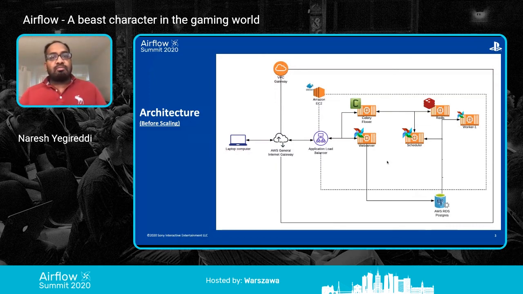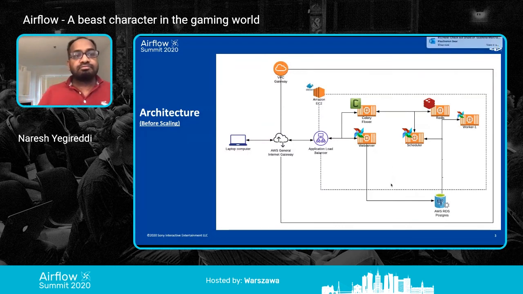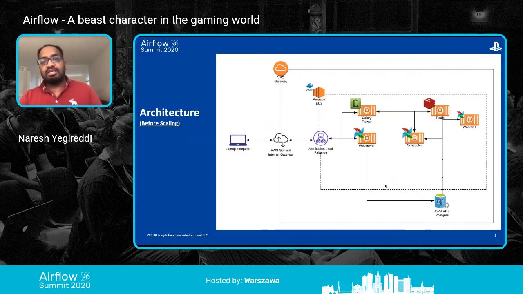Like many of us, we started very small with Airflow. We got the Docker image, put it on AWS EC2, and started creating multiple DAGs and multiple proofs of concept to see how exactly it works. Everything was fine. Then we started creating the data pipelines.